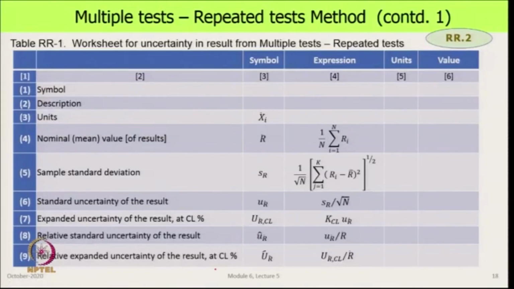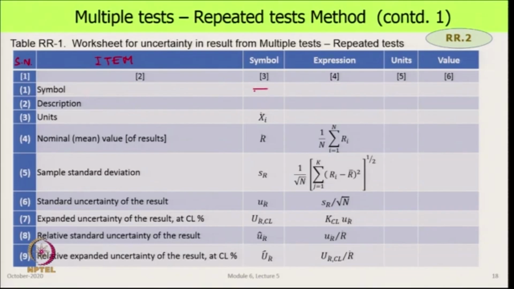So, this table is slightly different from the other ones, in that here we have the symbol, the expression, units and value. So, this one here is what is the item we are looking at, and here what is the serial number. So, the first row we have the symbol.